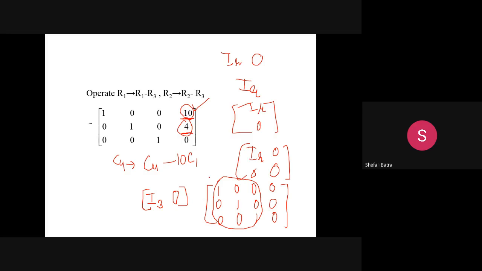So either you can leave this matrix as it is, or you can represent it in this form. There is no issue, right? After getting this, the order of this identity matrix gives you the rank of the given matrix. So this is what it is, the required normal form of the given matrix, and then the order of this identity matrix will give you the rank of the given matrix, right?